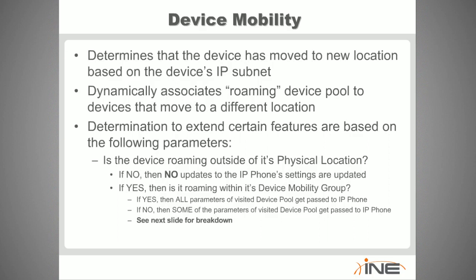If it is roaming within its device mobility group, then all of the parameters of the visited device pool get passed to the IP phone. If it's not roaming within its home device mobility group, then only some of the parameters of the visited device pool get passed to the IP phone. There's a real good reason and explanation for this, and after we take a look at the next couple slides, hopefully this will help clear some of this up.